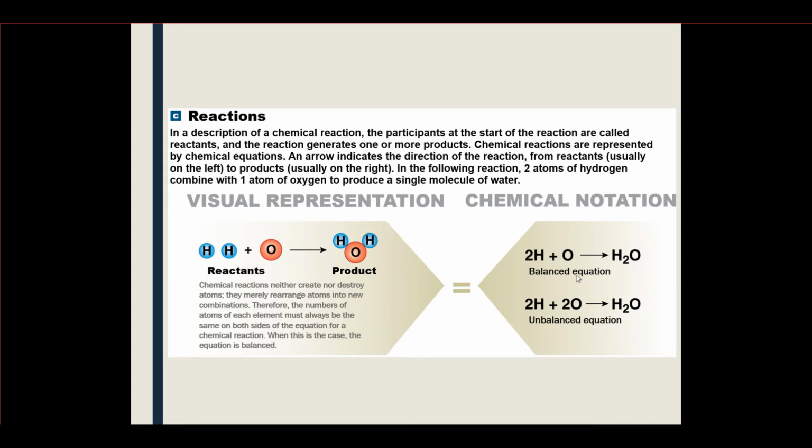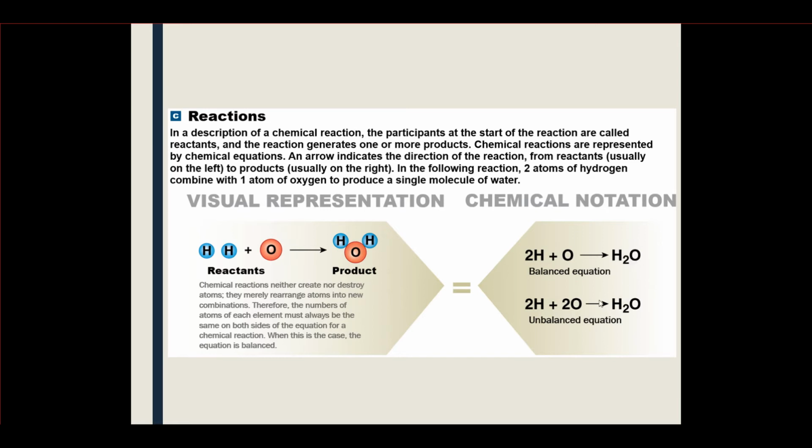The last thing on this slide, they're showing you a balanced equation versus an unbalanced equation. Basically what that means is the number of atoms on this side equals the number of atoms on this side. This would be a correct way of notating it because it's balanced. Here we have two hydrogens, on this side we have two hydrogens. Here we have one oxygen, on this side we have one oxygen.